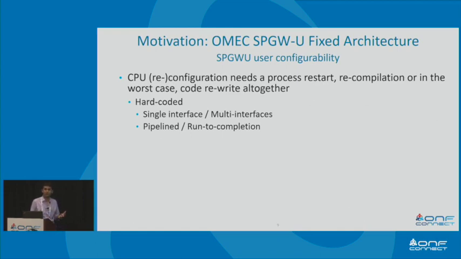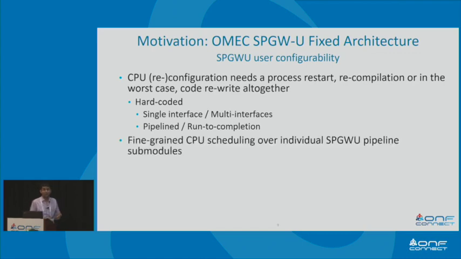Some operators would rather have only a single interface mode, and in that case you will need a code rewrite. The same goes for more than 2 interfaces. The current version only provides run to completion mode, with no flexibility to change the model itself.